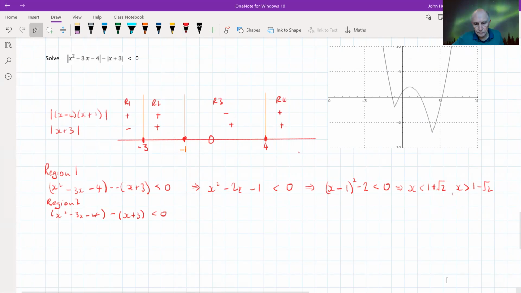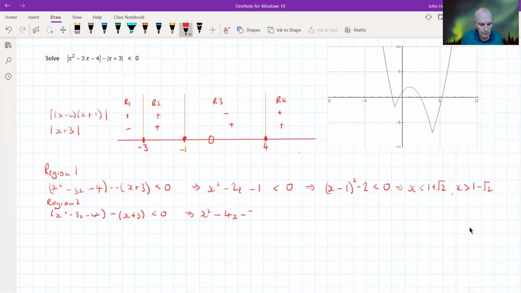So if we rearrange, that's going to be x squared minus 4x minus 7 is less than 0.